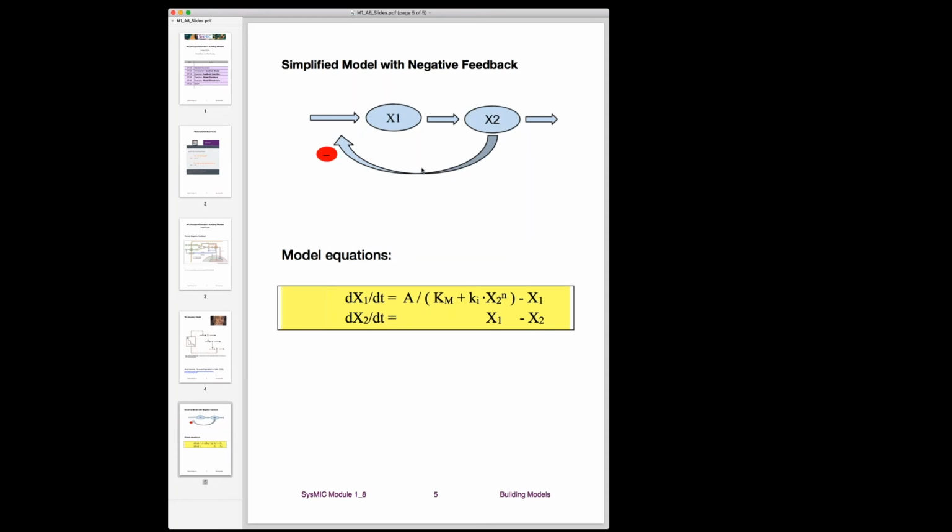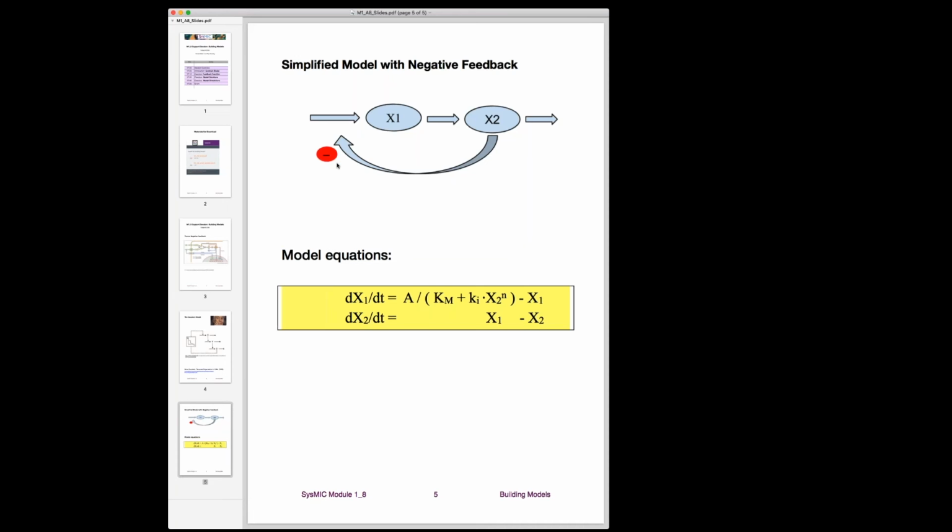Highlighted in that arc-shaped arrow at the bottom of the scheme with that red indicator and the negative sign is our feedback, the one that we are going to look particularly into.